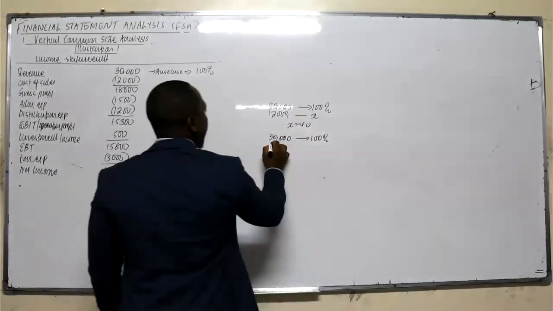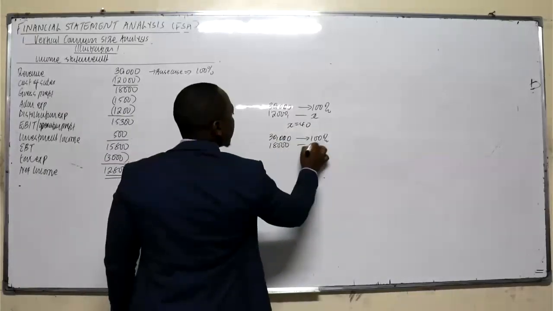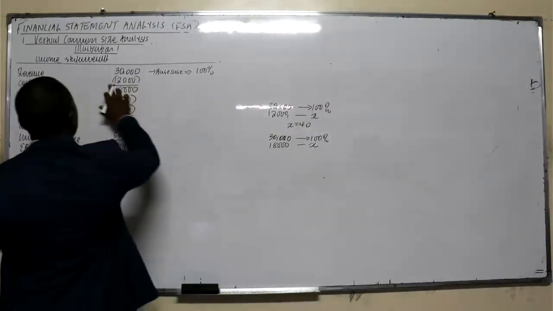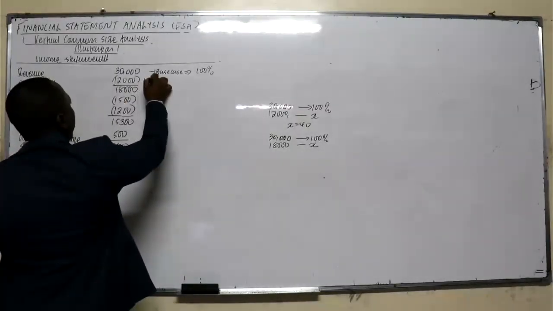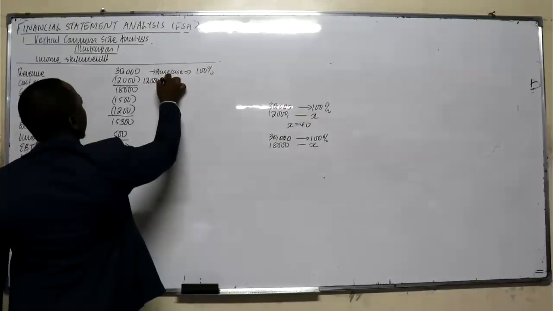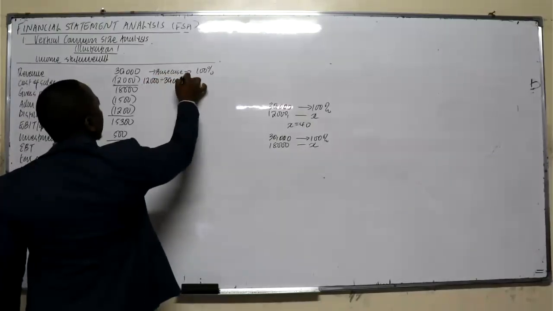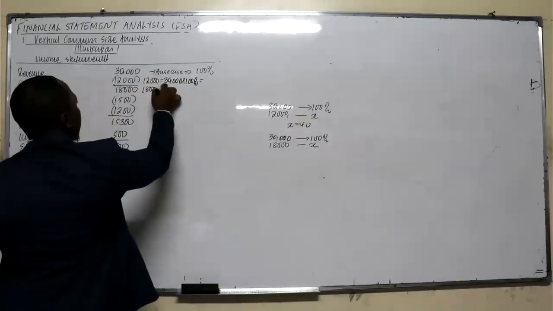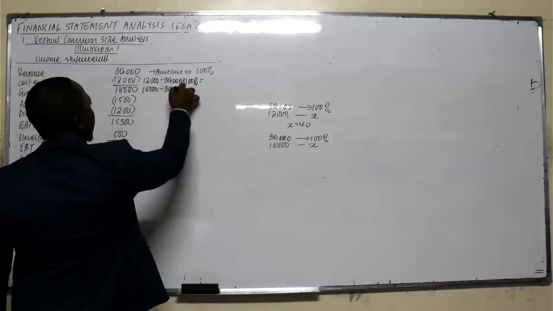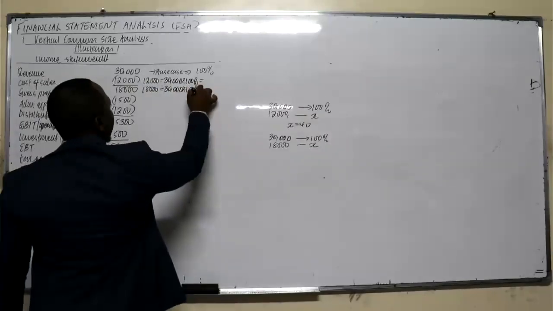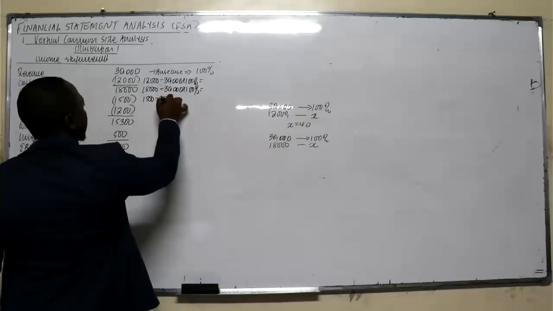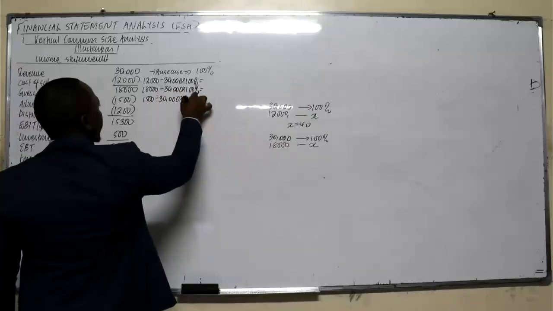What about 18,000? You get 60. So in that case, for example, you'll take 12,000, you divide by 30,000 times 100%. This one will be 18,000, you divide by 30,000 times 100. 1,500, you divide by 30,000.